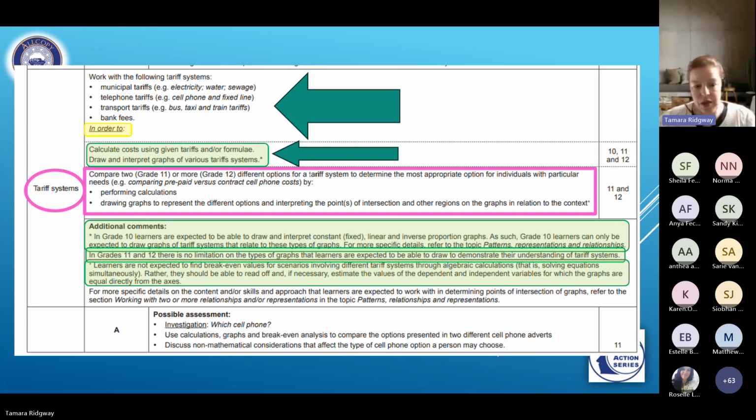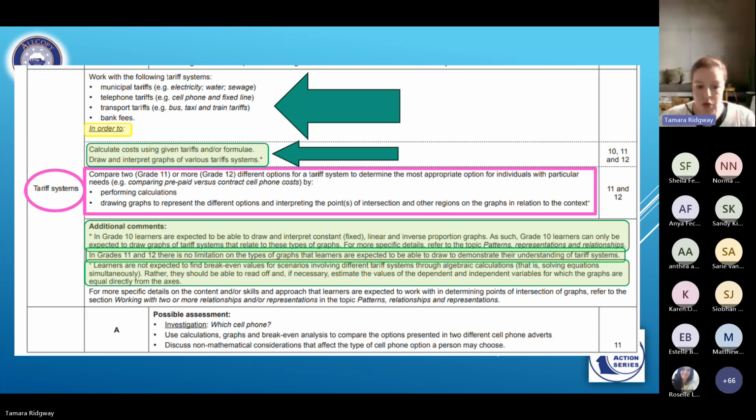And then, also worth highlighting, learners are not expected to find break-even scenarios for different tariff systems through algebraic calculations. In other words, they are not expected to use simultaneous equations. But what do we want them to do?